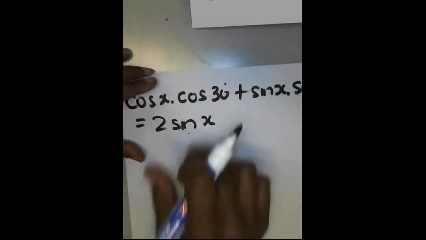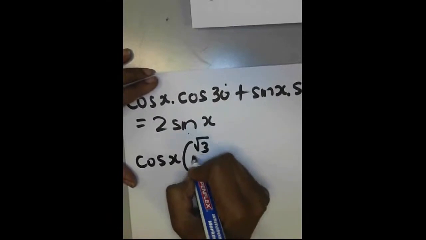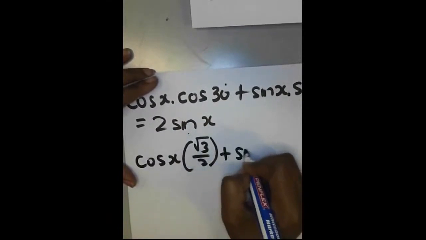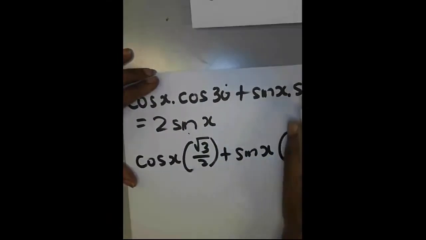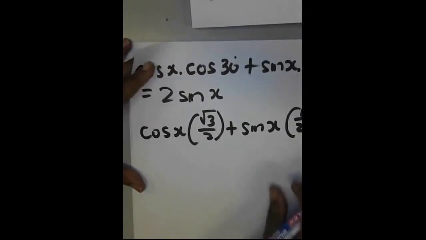If you use your calculator, you're going to get cos x times square root of 3 over 2 plus sin x, and sine of 30 degrees is going to give you a half, is equal to 2 sin x.